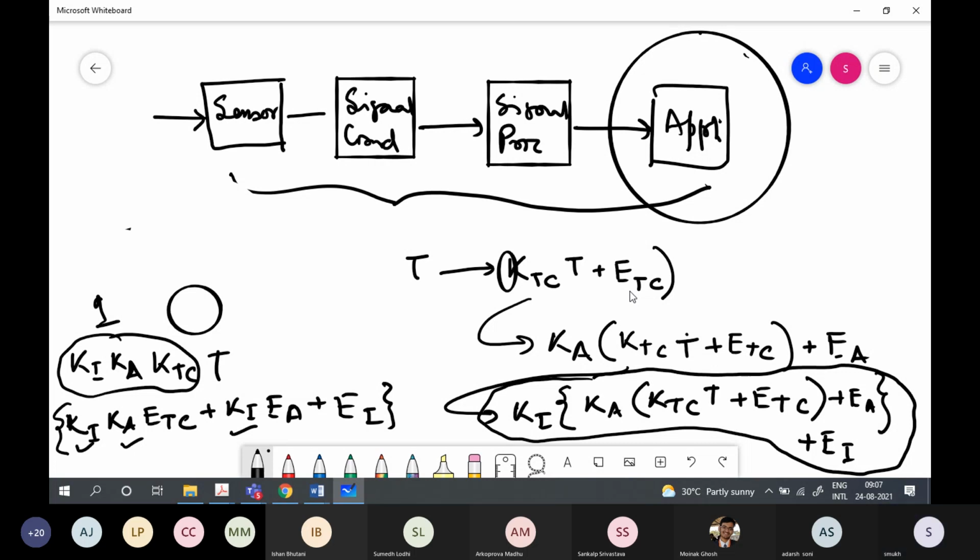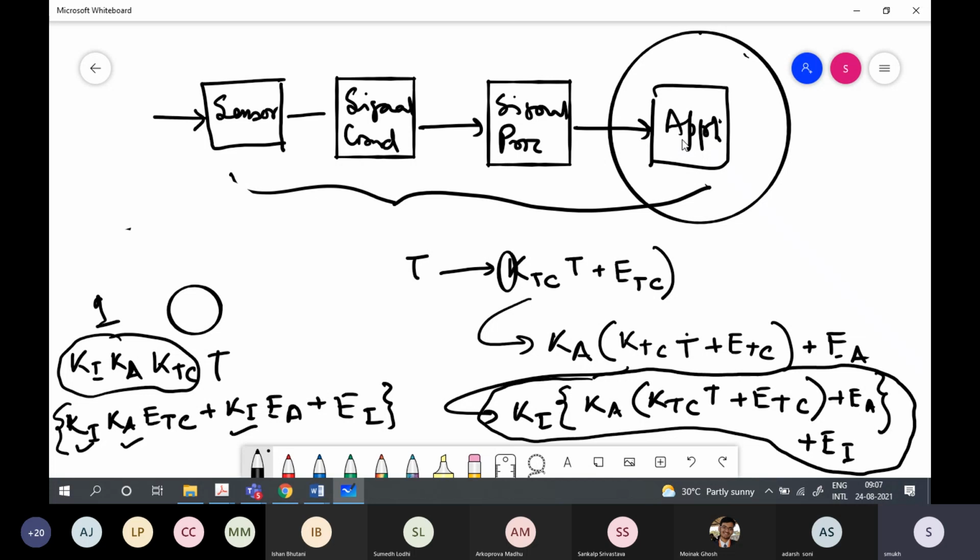If we put 1% here, then we imply that it is 1% of KTCT. But if it is 1% of full scale, then that 1% would cause a 1% error here. So everything now will be with respect to correct.